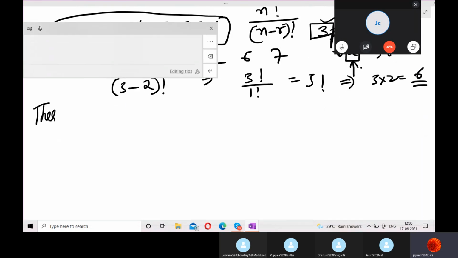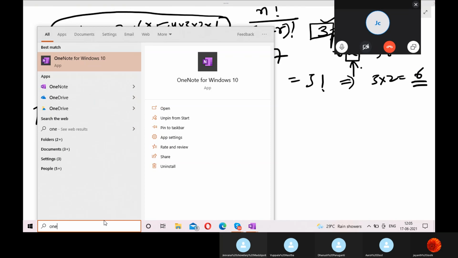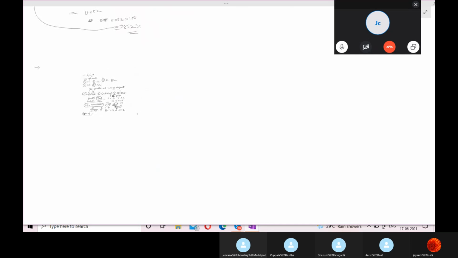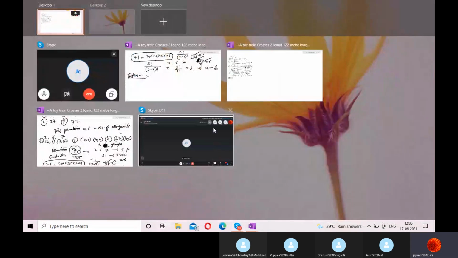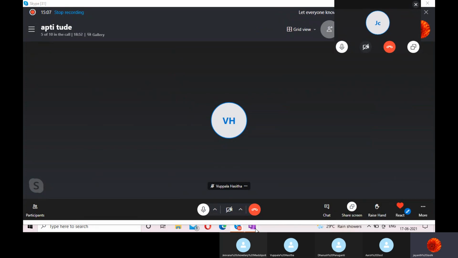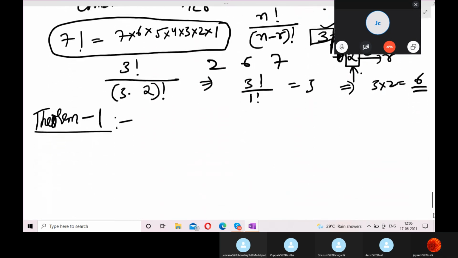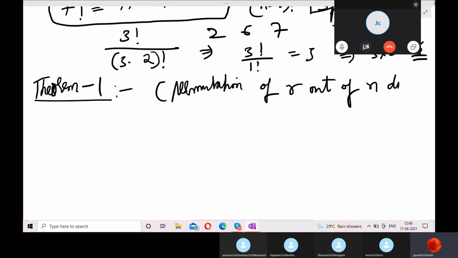So theorem 1: permutation, that is arrangement of r out of n different things.